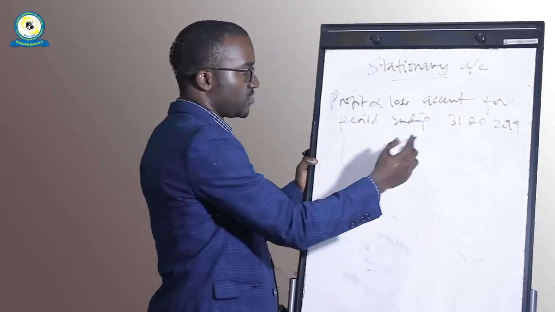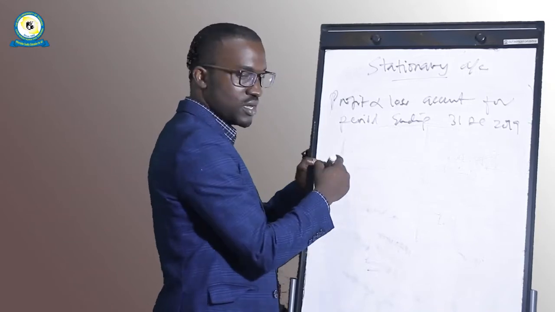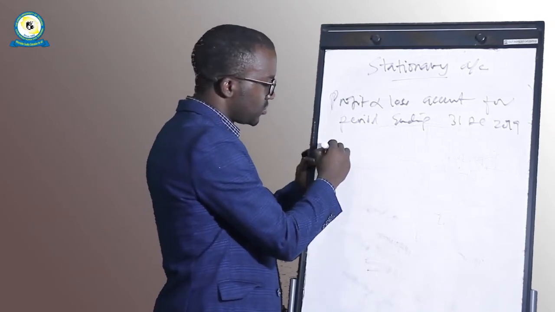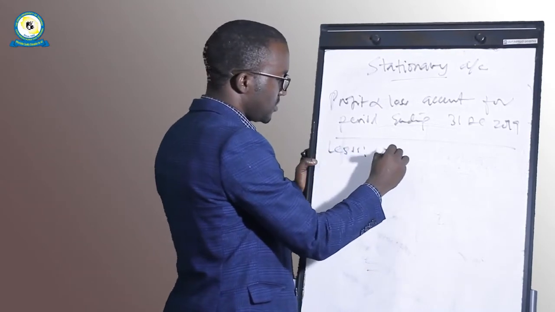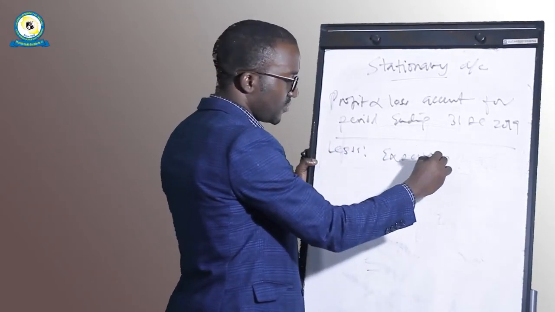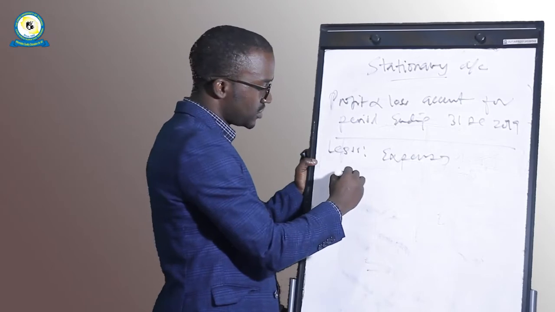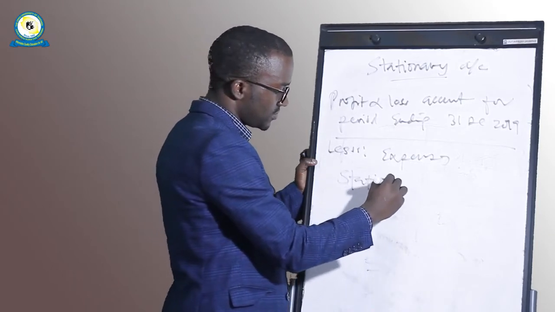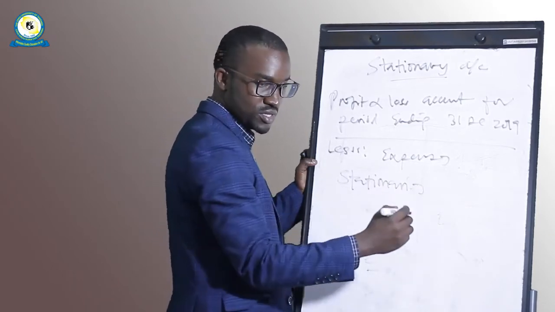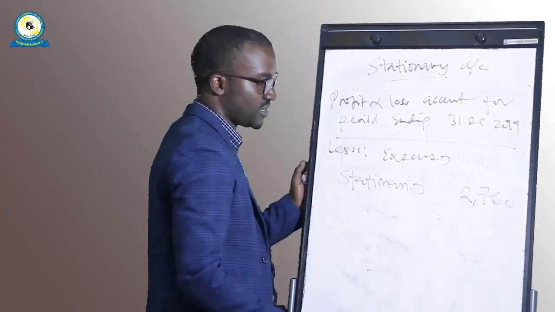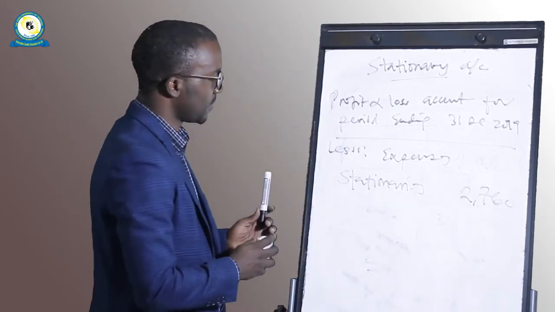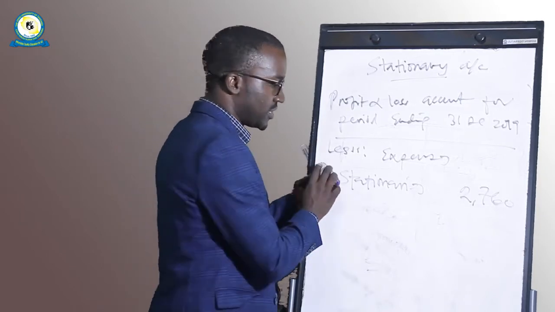Assume that these transactions were under 2019. So here when you're going to deduct expenses, under expenses you're going to write stationery expenses of an amount 2,760. As simple as that. Okay. Simple and clear that way. Okay.